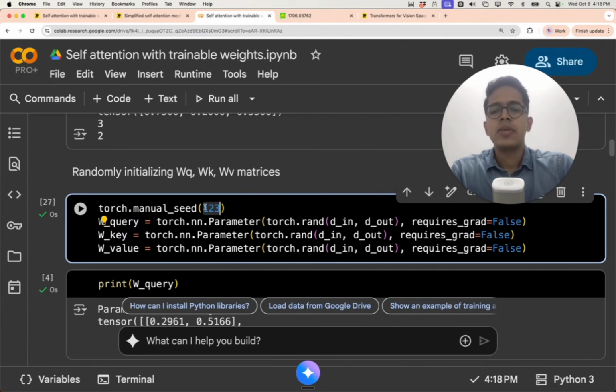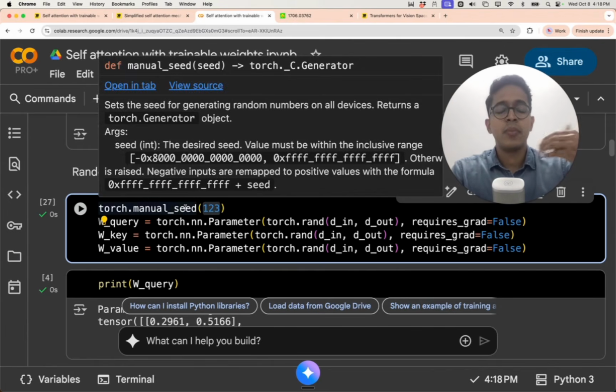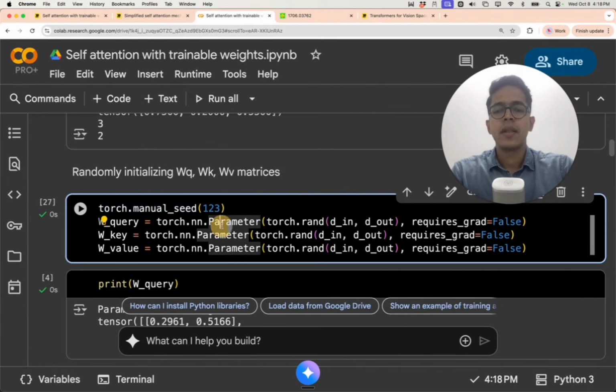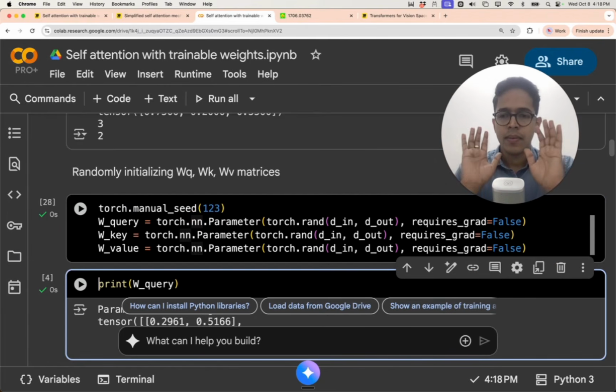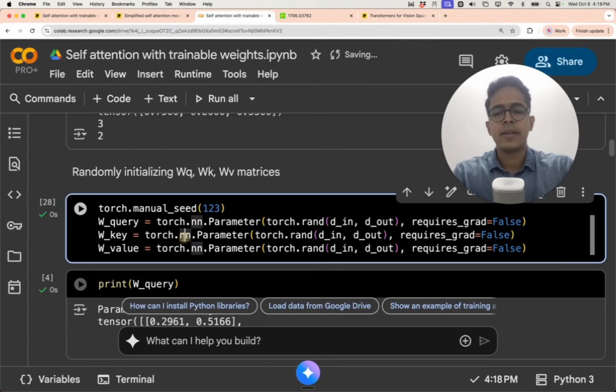Here the seed 123 is provided for code repeatability, so that although it's a random number generator, we are seeding it with an input seed, so that same random numbers will be generated irrespective of who is running the code. If you don't provide this, each time it will produce different random numbers. So if I run this, it would have produced now the WQ, WK, and WV matrices.